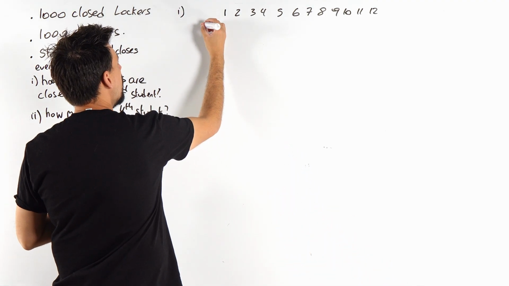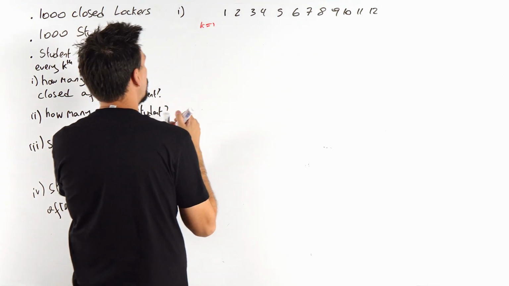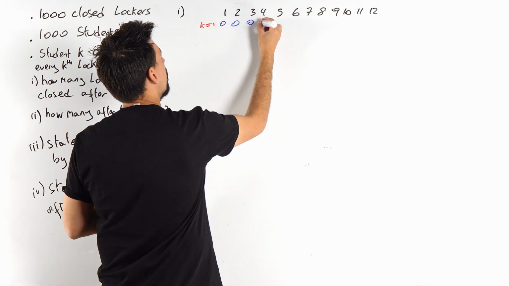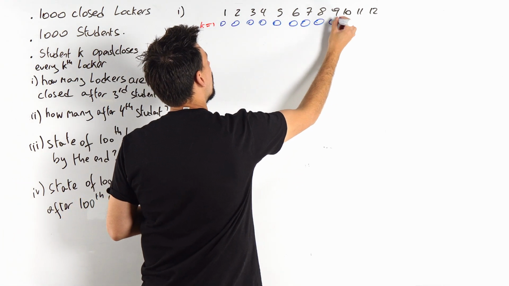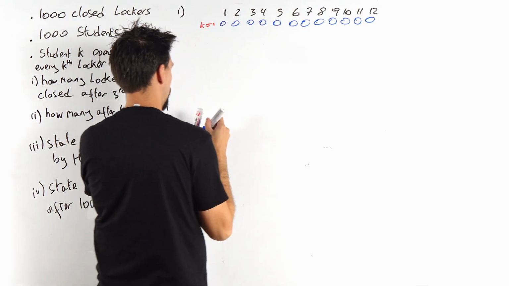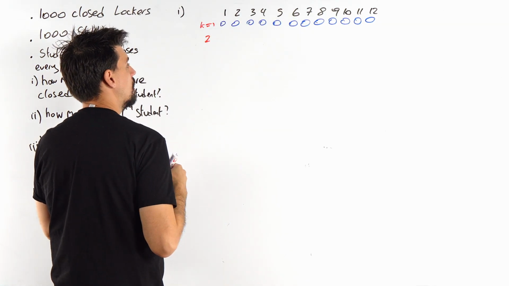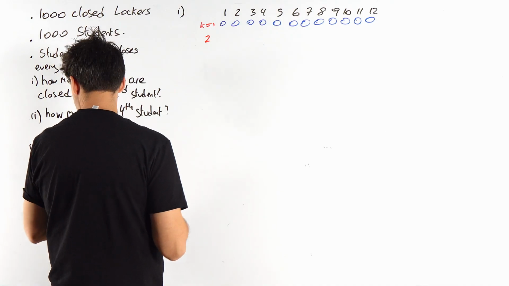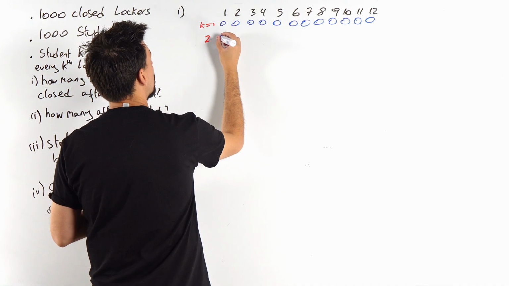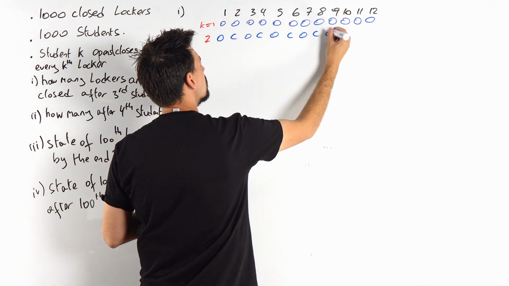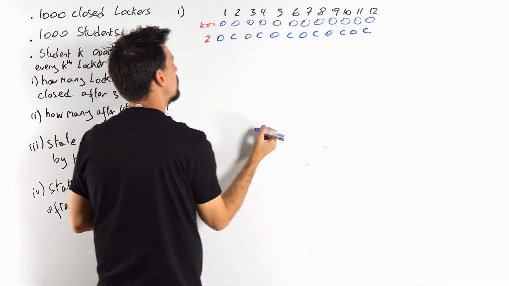Student 1 has gone past, and he's opened all of them. Student 2 comes along. And now we've got open, closed, open, closed, open, closed, open, closed, open, closed, open, closed.